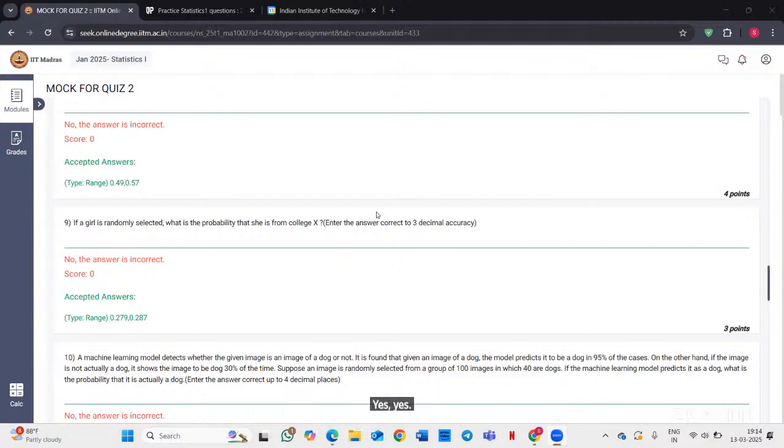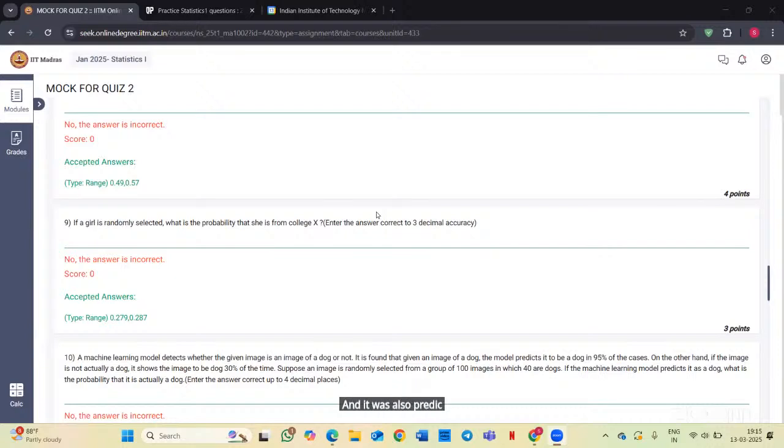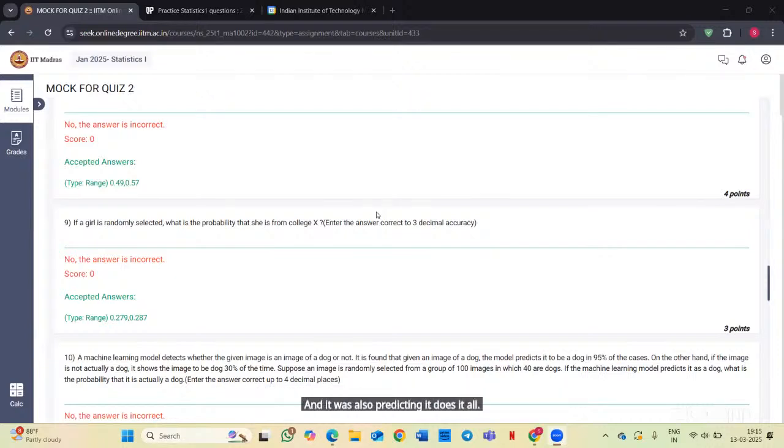So out of 100, total is 56 predicted dog, but the question's last line asks what is the probability that it is actually a dog, and it is also predicted as a dog. Yes, but actual dog is 38, no? Out of total 38 plus 18.